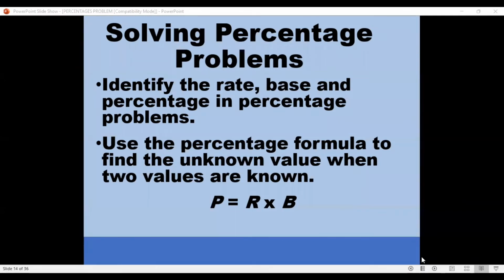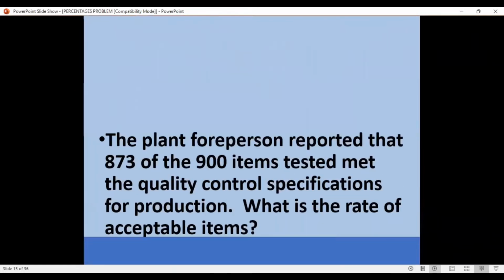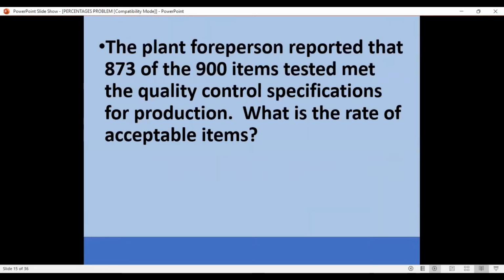So let's look into some examples regarding finding the rate. The plant foreperson reported that 873 of the 900 items tested met the quality control specifications for production. What is the rate of acceptable items? In here, we already can identify which is the percentage and the base.